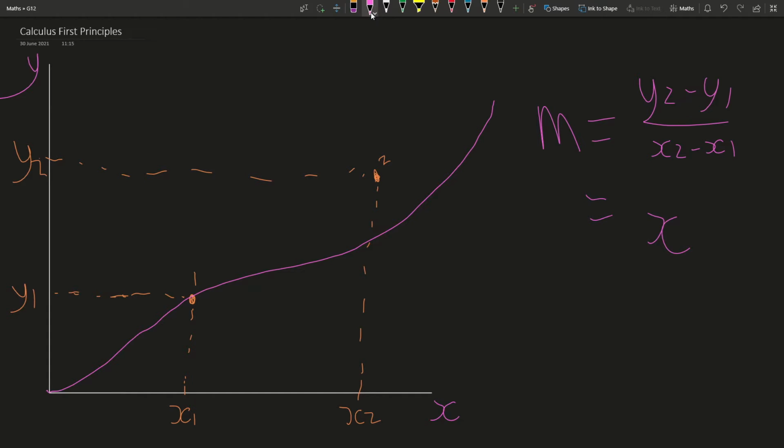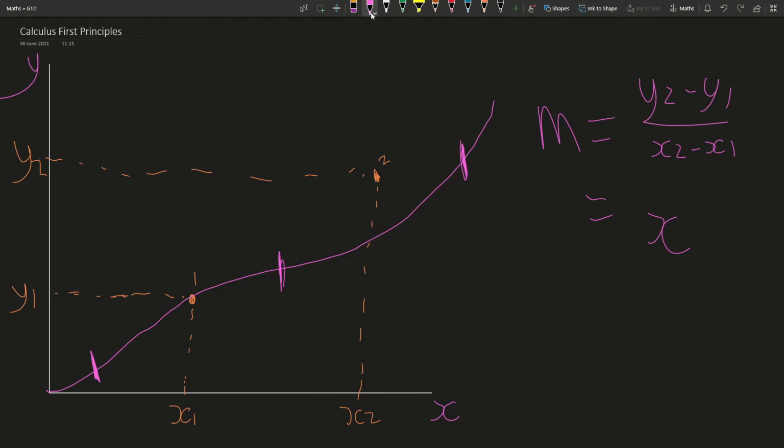So we want to be able to say, okay, we know the gradient over here, and then we know the gradient over here, and we know the gradient over here, and they're all going to be a bit different. And so we want a whole new function that can tell us what the gradient is at any of these points.